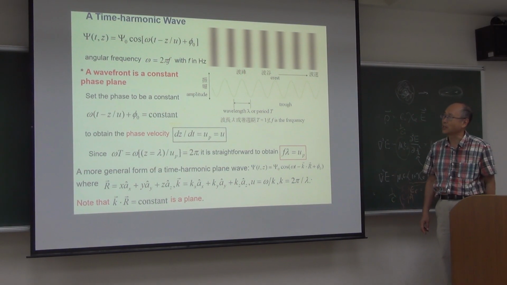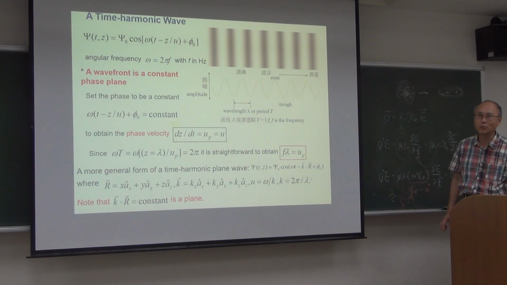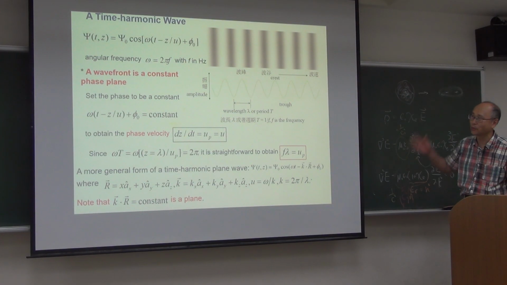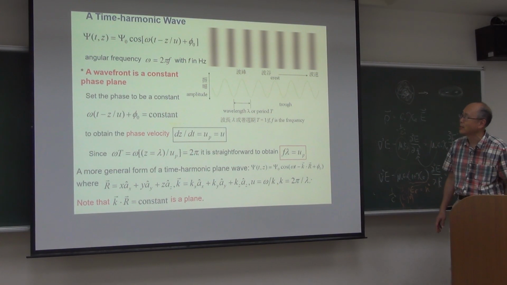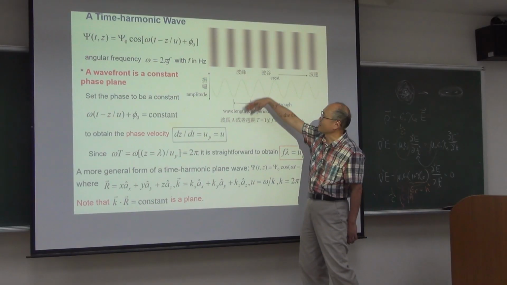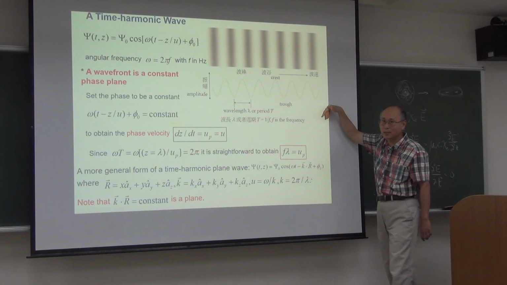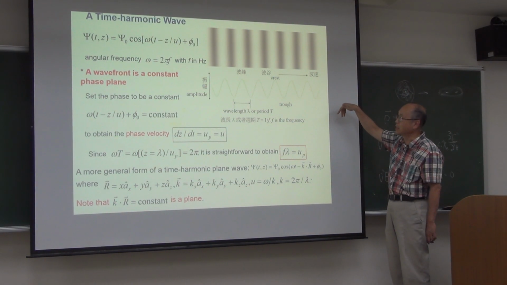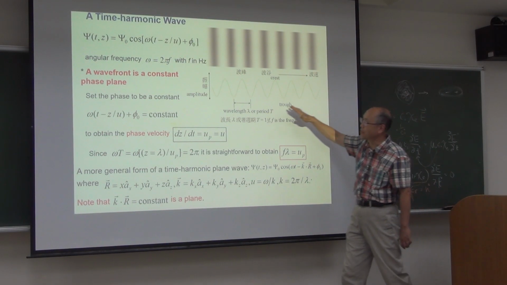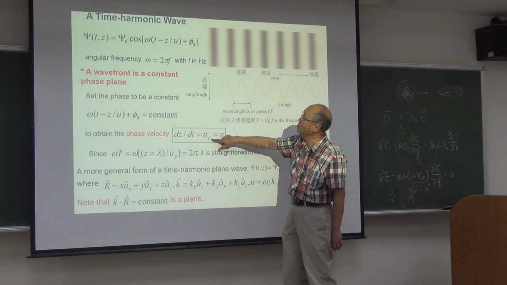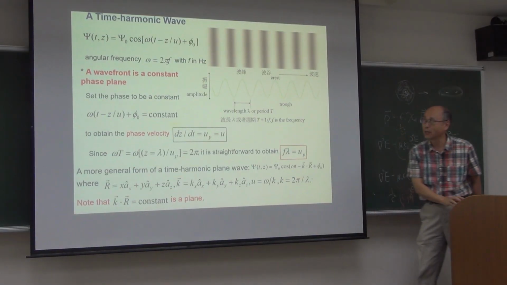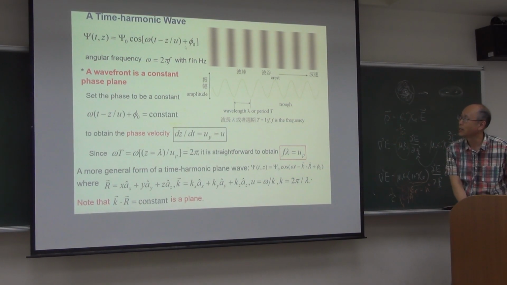I go through this a little bit faster, assuming that you more or less went through this before. Okay, so you have this kind of oscillation of the wave in space and also in time, and the phase velocity is the u in this expression.